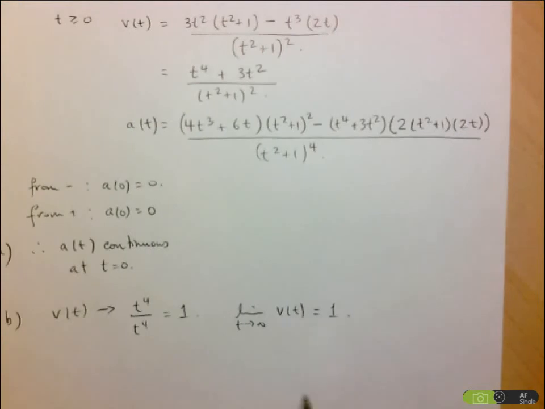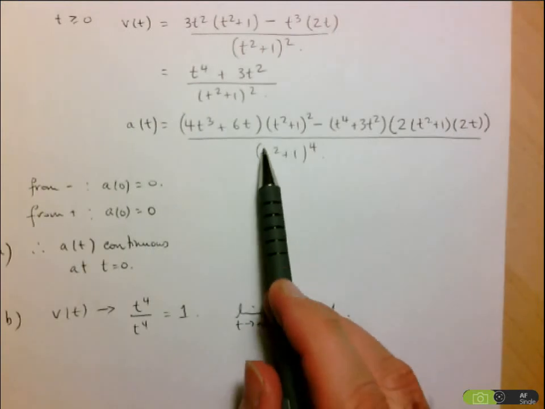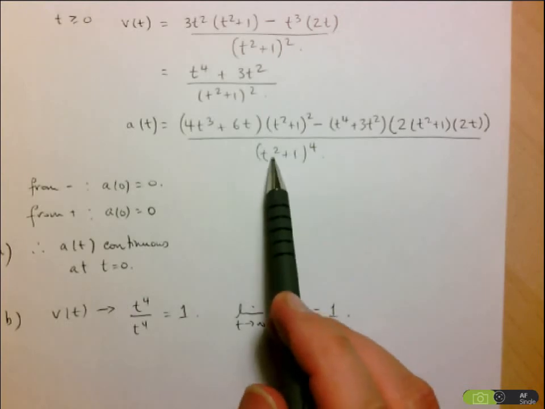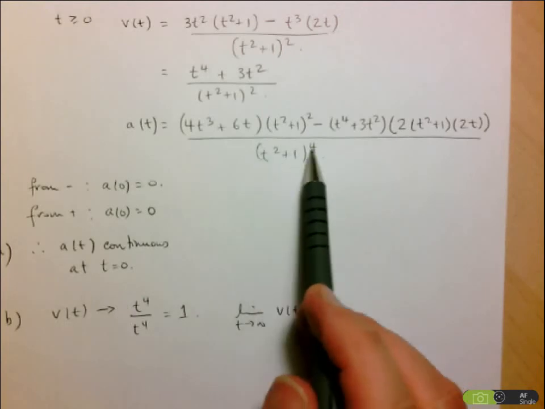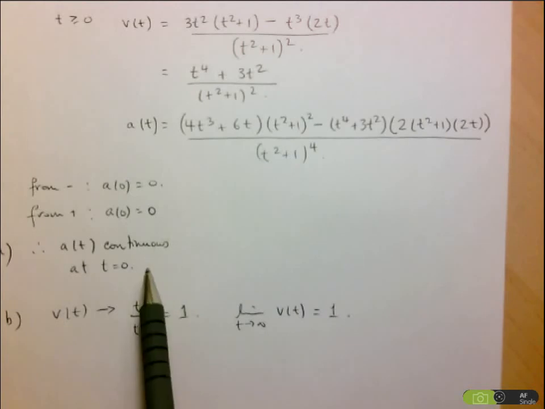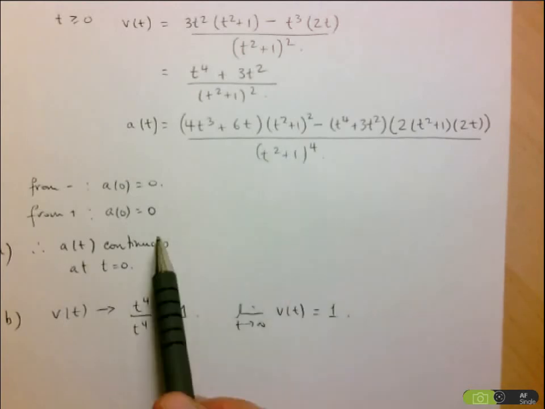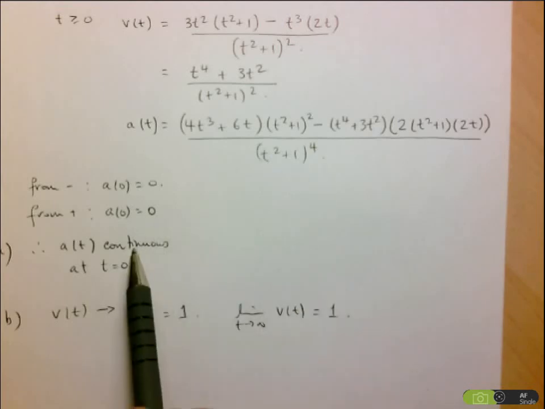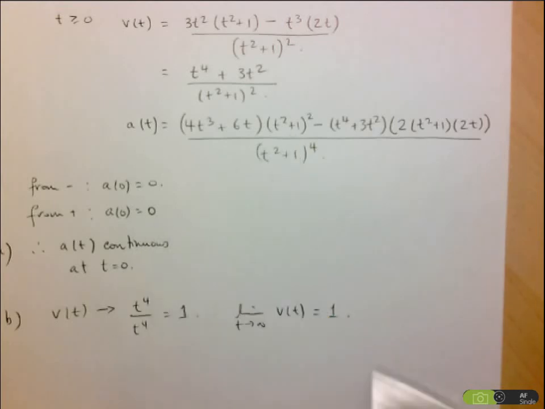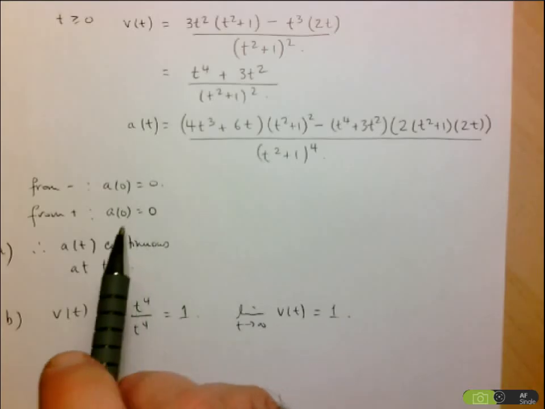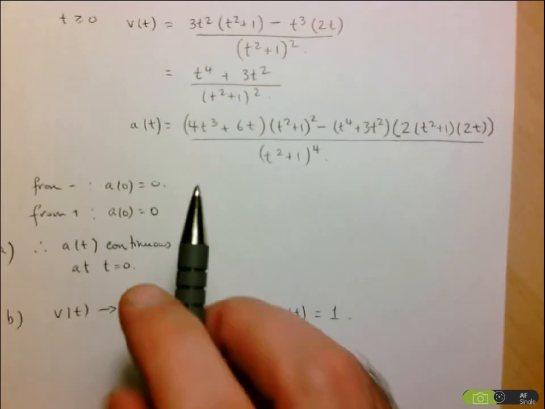I'm going to need to do the same thing with the acceleration. So I can see right off the bat that the denominator is approaching t to the 6th. Okay, not approaching it, but that's the dominant term in the denominator. So I've got to check the dominant term in the numerator. I'm only looking for the highest power of t.